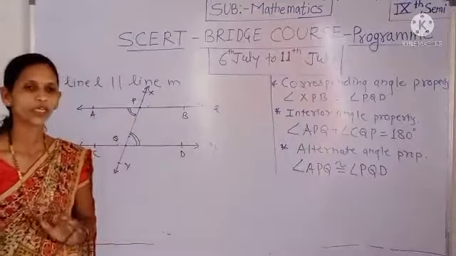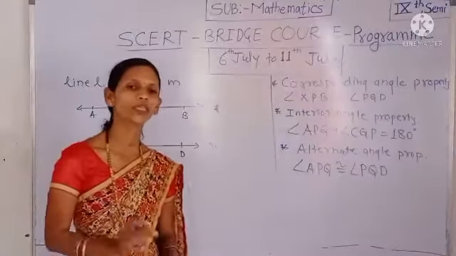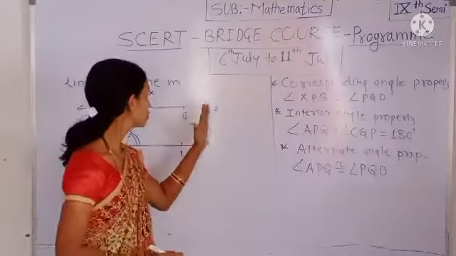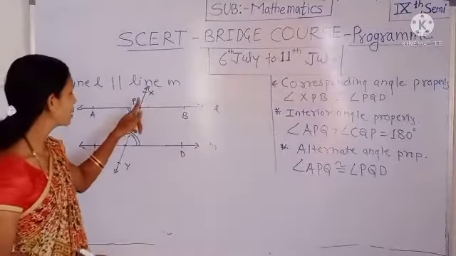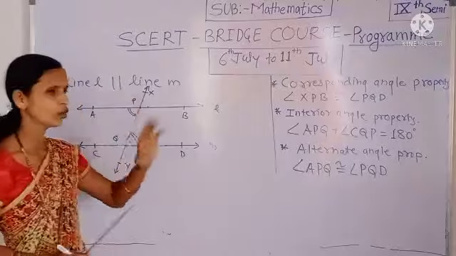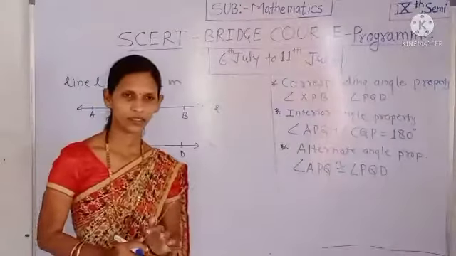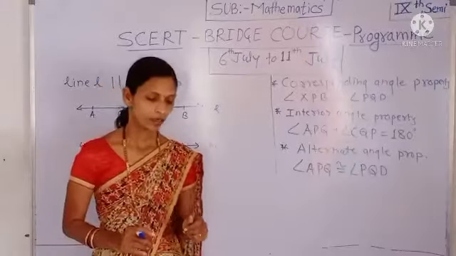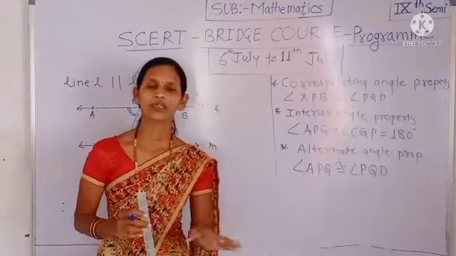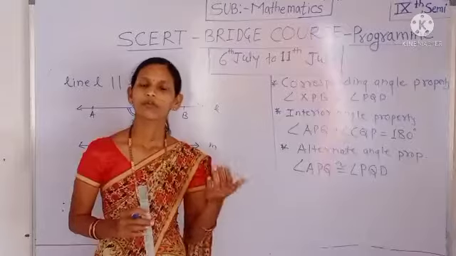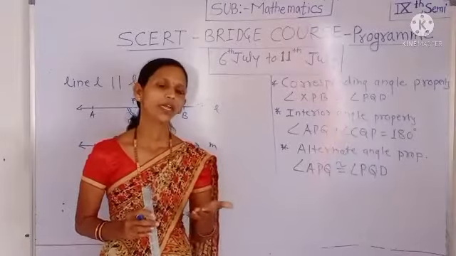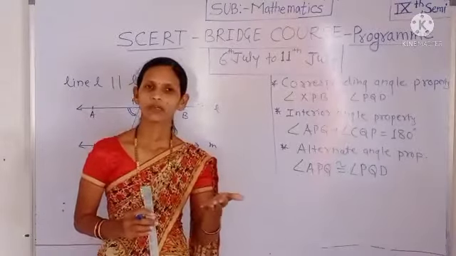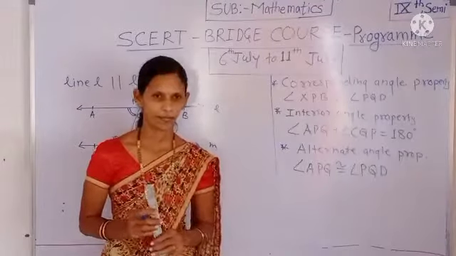These are the properties related to the angle pairs made by the transversal on parallel lines. That is the fundamental concept related to geometry, and that is the content from the 6th and 7th day.